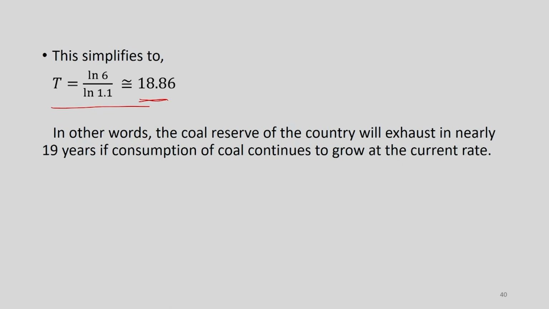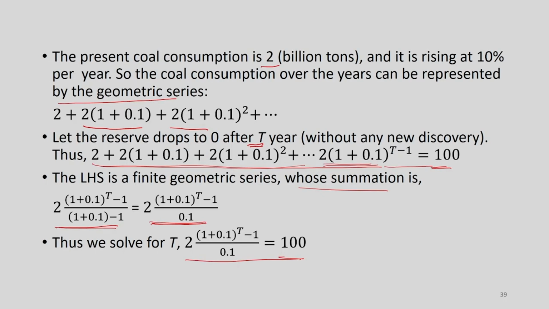If consumption of coal continues to grow at the current rate, and that is important, we are assuming that all through this t number of years, the consumption is rising by 10%, right. That is an assumption, so that we can apply this formula.